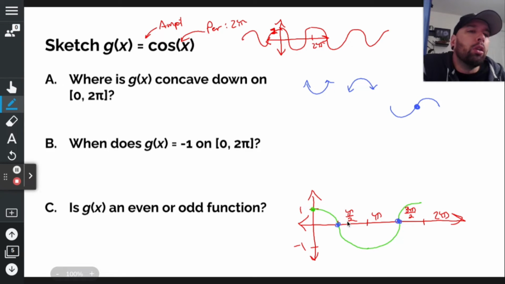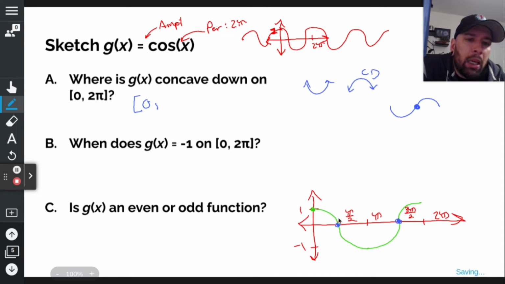This is kind of a pain problem because you have to be careful with your brackets and parentheses. At 0, and we are including 0 in our interval, we are concave down. So it is concave down starting at 0.